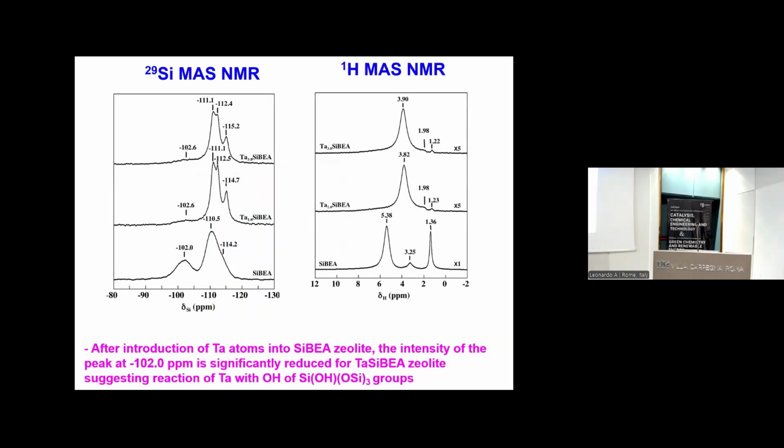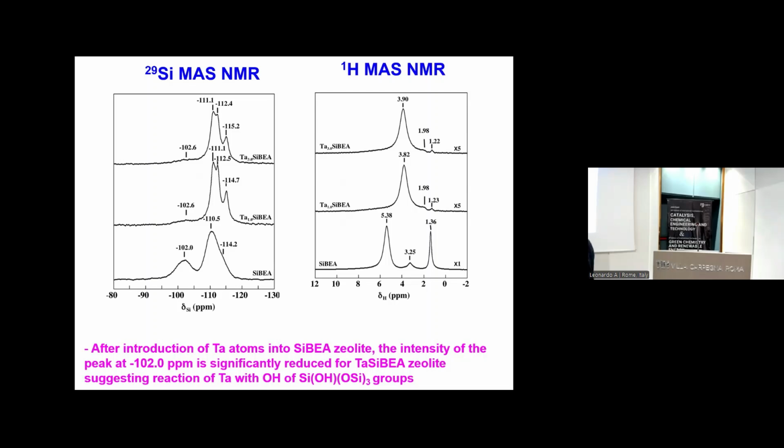Then by silicon MAS NMR and proton MAS NMR, we can show that when we incorporate tantalum in the zeolite, this band, which is related to the presence of hydrogen bonded OH, disappears. And this means that reaction between OH groups present in the vacancy site and the precursor takes place. This is confirmed also by proton MAS NMR.